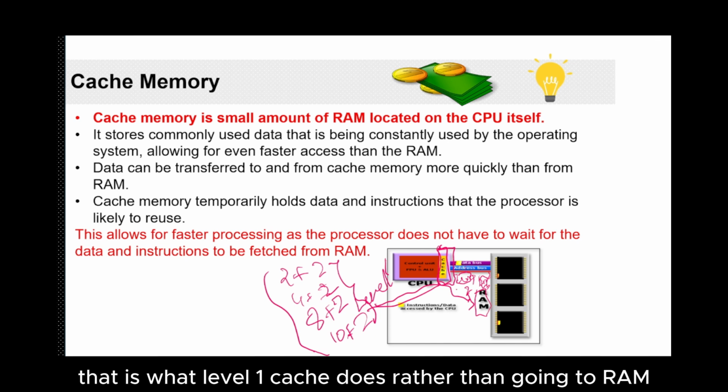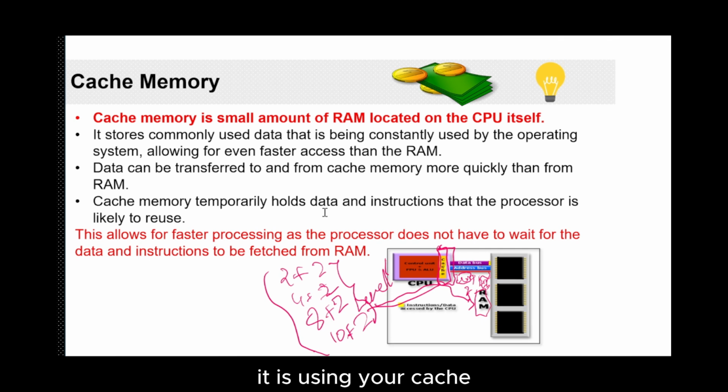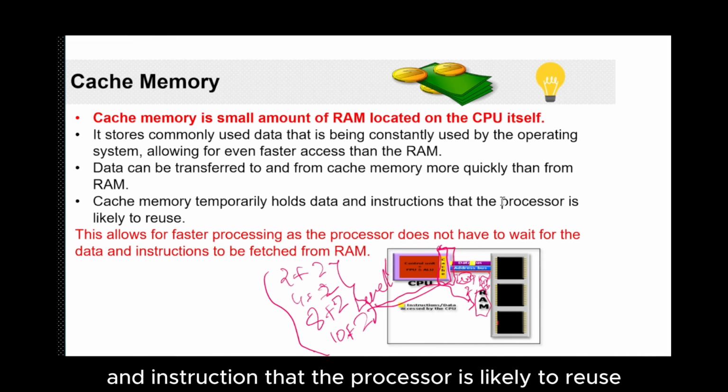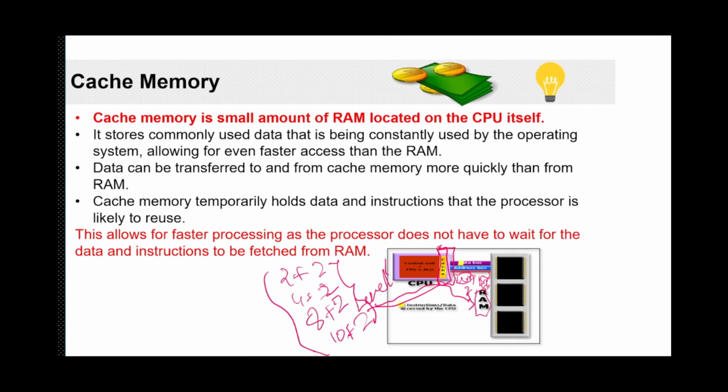Rather than going to RAM, which is far away, it is using your cache memory, which is basically for holding your temporary data and instructions that the processor is likely to reuse.